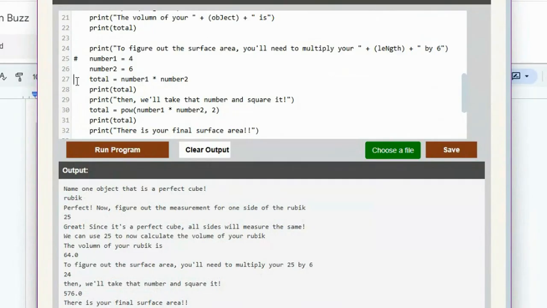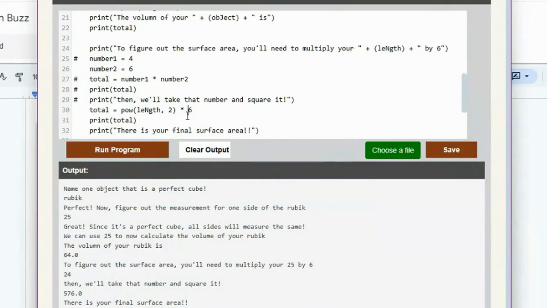It does another calculation below. So let's take out this total because we don't need that. We'll take that number and square it. I'm going to take that out too. Here it is, the power. You went number 1 times number 2 squared. This should just be, again, length squared, and then multiply that times 6, whatever the length is.